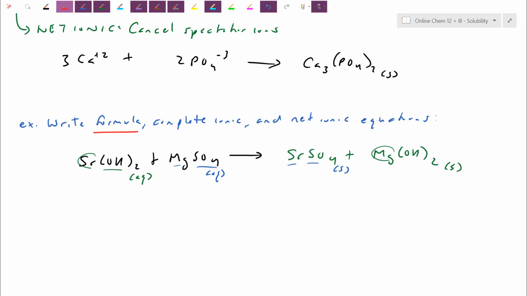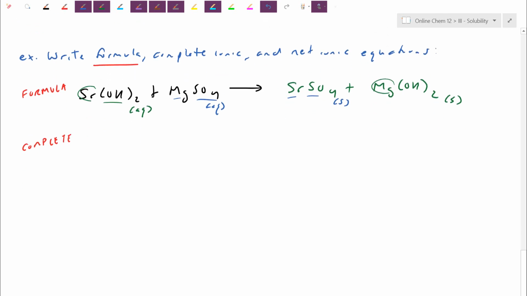That's the formula equation. This is so far written everything just in the chemical formulas. The complete ionic equation takes all the aqueous ones and dissociates them. So for example, strontium, Sr2+, I have 2 hydroxide, Mg2+ ions, I have sulfate ions.